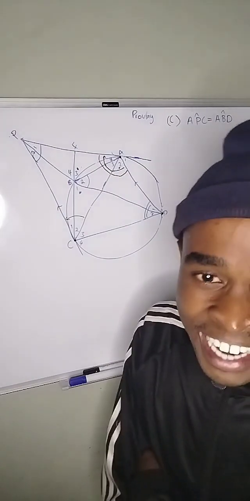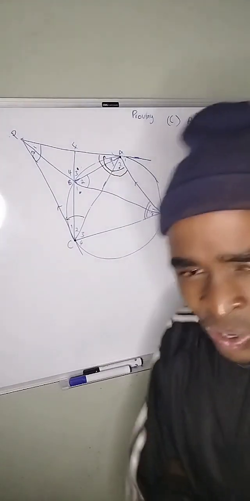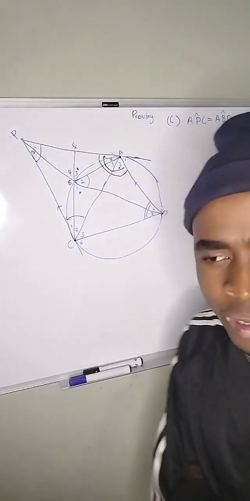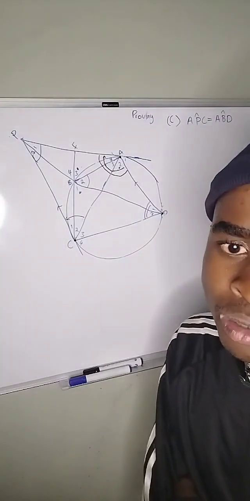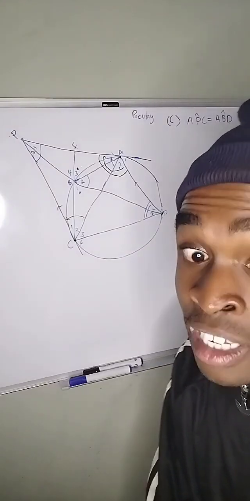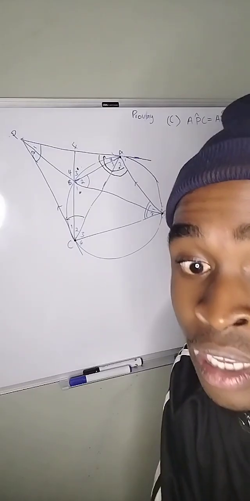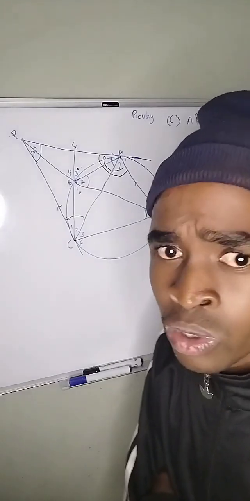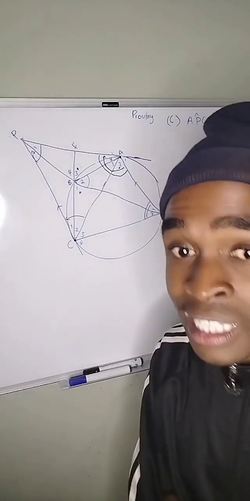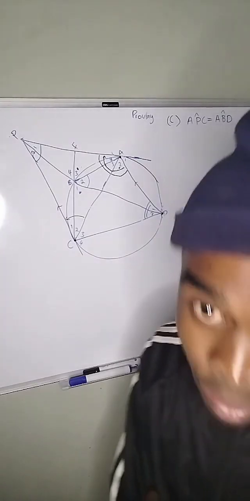No, co-interior angles. If you are using the co-interior angles, it's going to be complicated, because now you will be involving the values, because here we are not dealing with values or figures. We are dealing with proving.